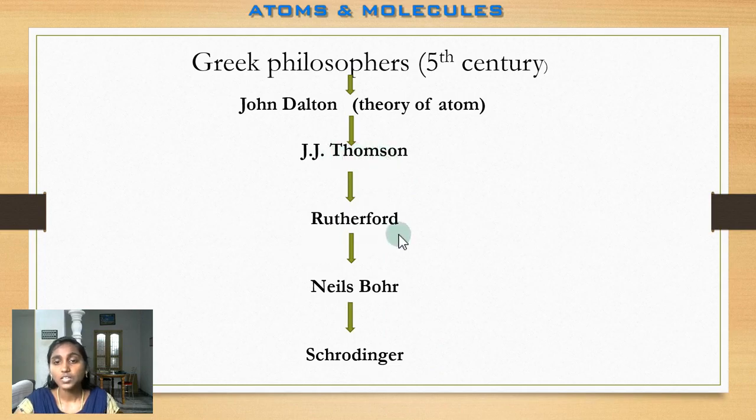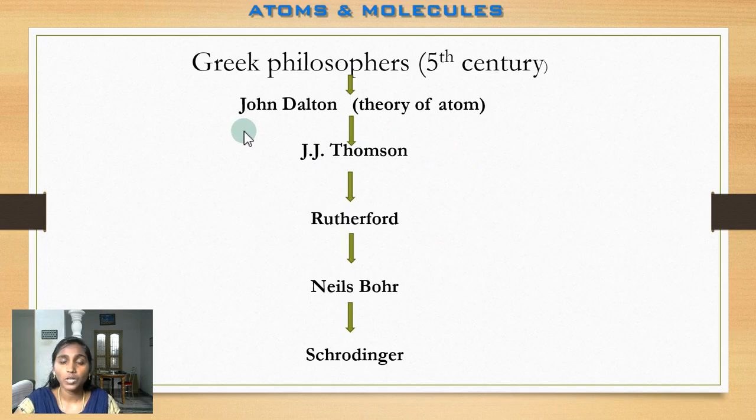J.J. Thomson, Rutherford, Niels Bohr and Schrödinger. They reanalyzed the theory of atom and corrected the incorrect statements. That limitation was removed and they gave new points in this theory of atom. Have you understood?